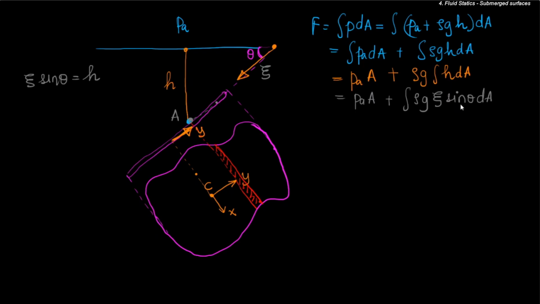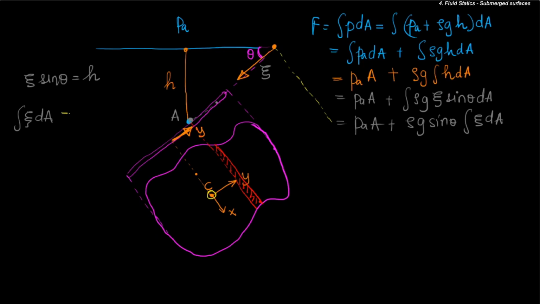Now because sine theta is constant, it is PA times A plus rho g sine theta times the integral of xi dA, and the integral of xi dA is tantamount to finding the location of the centroid of the object, this point, with respect to this particular point at the free surface.